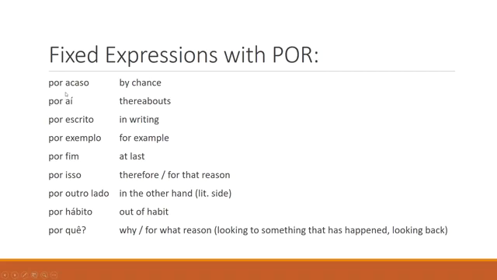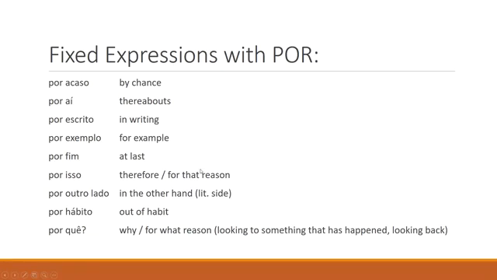Por acaso, by chance. Por aí, thereabouts, approximately. Por escrito, in writing. It's quite similar to that. Por email, por telefone. Por exemplo, for example. Por fim, at last. Por isso, for that, therefore, for that reason.